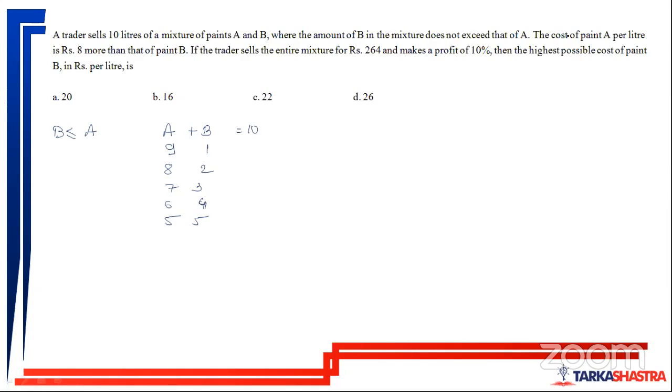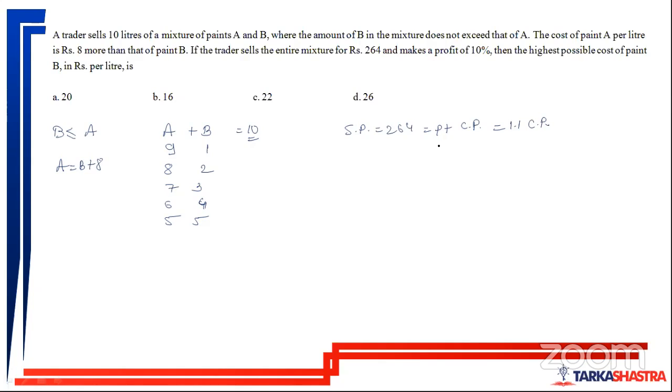The cost of paint A per liter is rupees 8 more than that of paint B. So A equals B plus 8. If the trader sells the entire mixture for rupees 264 and makes a profit of 10%. So the selling price for all 10 liters of the mixture is 264, which is obviously equal to profit plus cost price. Whereas profit is 10% of cost price, that means it is a total of 1.1 times the cost price.